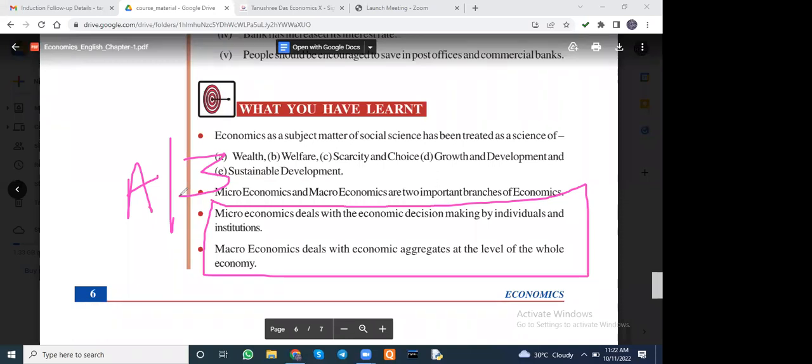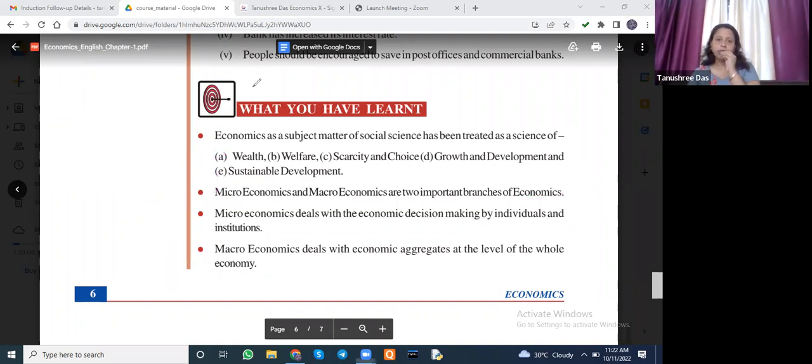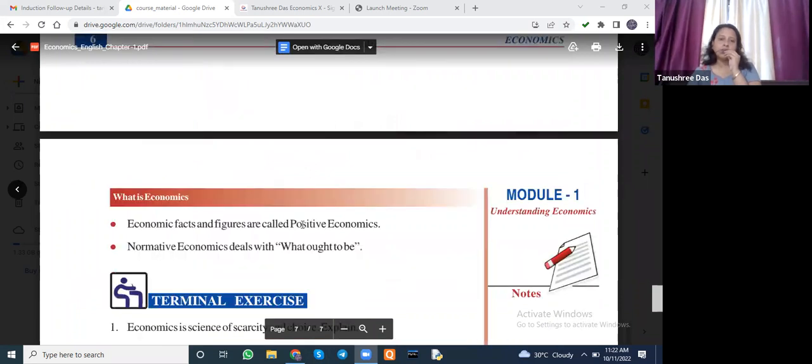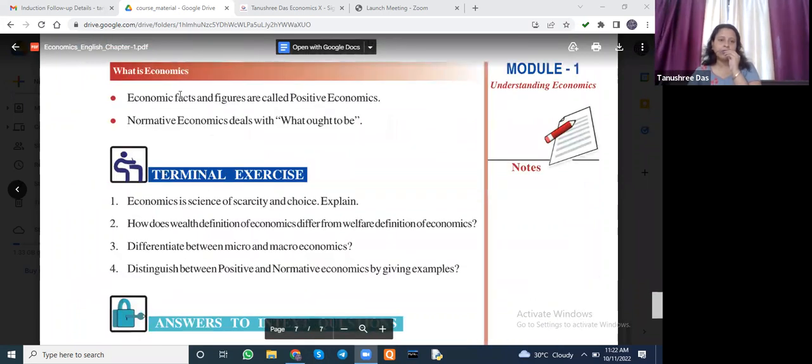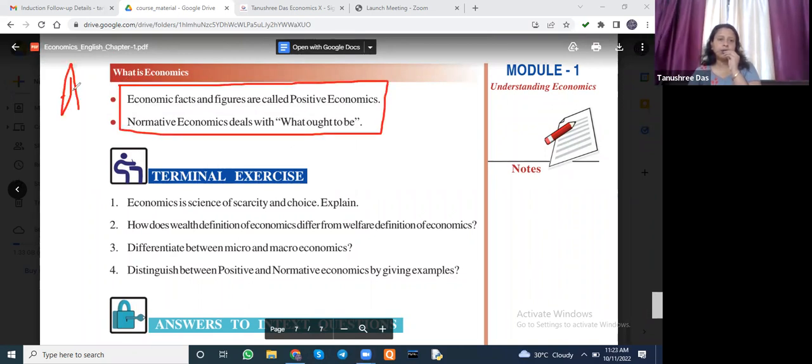Yes. Okay. Then question number 4. Distinguish between positive and normative economics. So this can be the answer. Positive and normative economics. This can be the answer number 4.